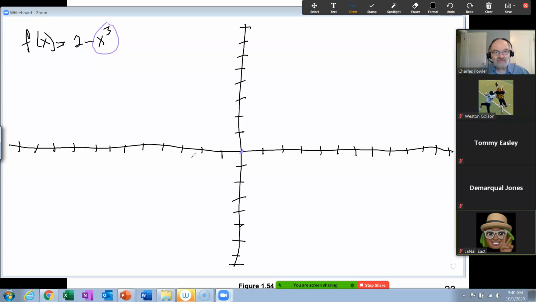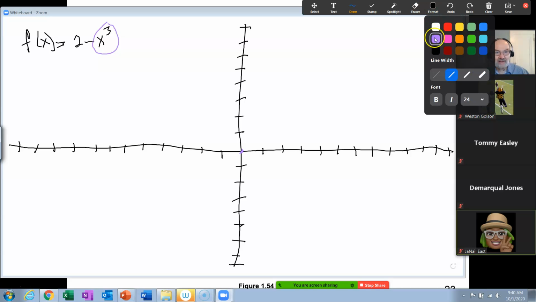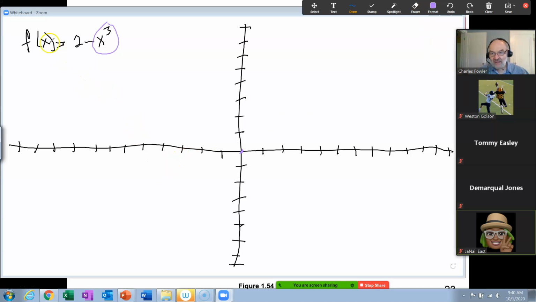Okay, let's go back to lavender here. Okay, and x cubed, when x is 1, 1 cubed is 1. When x is negative 1, negative 1 cubed is negative 1. Okay, when x is 2, 2 cubed is 8. That's 1, 2, 3, 4, 5, 6, 7, 8. Just barely got it on there.